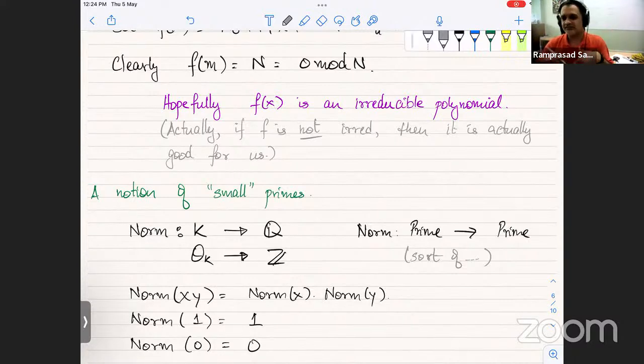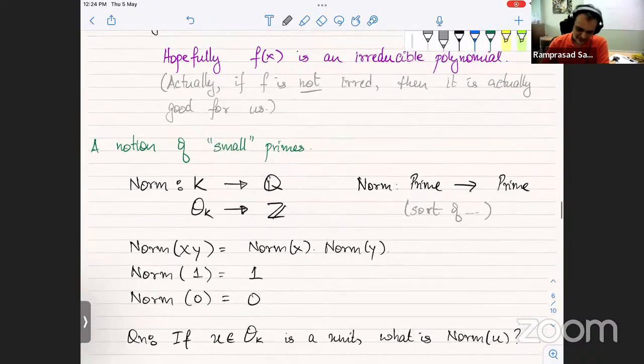The traditional prime might end up going to a power of a prime. That's usually what happens. So this is a sort of notion of length that I would like, because it allows me to think of prime numbers as basically prime integer length numbers, and integers as things with integer lengths, etc. So how do you define this norm?